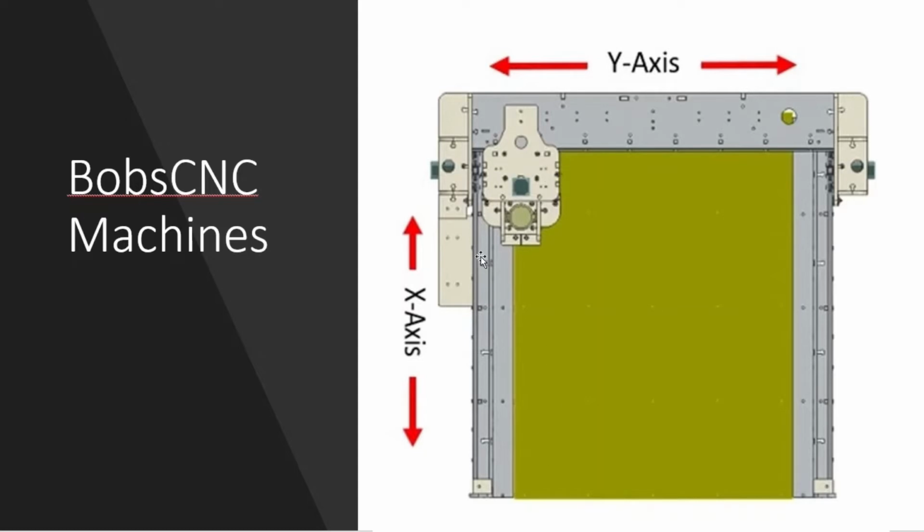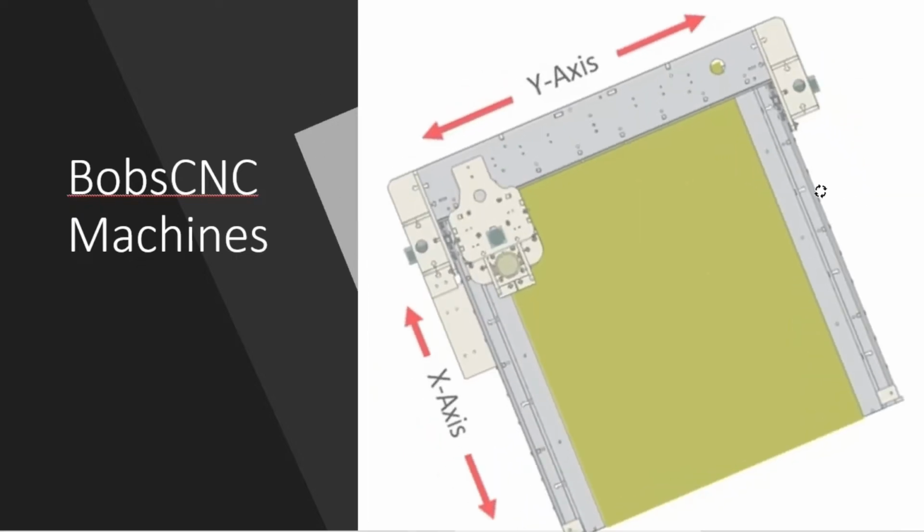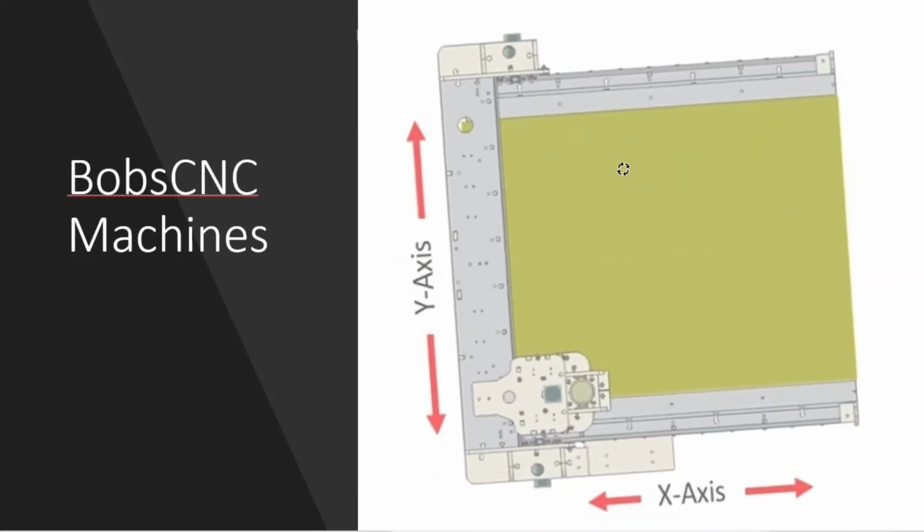So if you're looking at your machine with your side rails, this is actually the Y, and this is the X, okay? So if you were doing design work on the computer, and you were looking at your screen, and you typed a word straight across, you actually would need to turn this machine around.